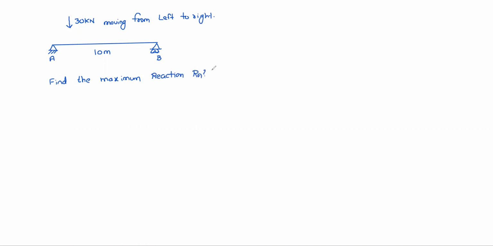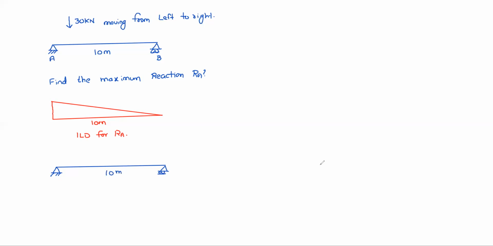So for this, first we need to draw the ILD for RA, 10 meters. We need to find the maximum reaction. So where to keep this 30 kilonewton load?